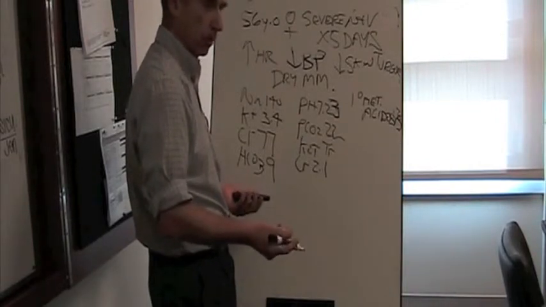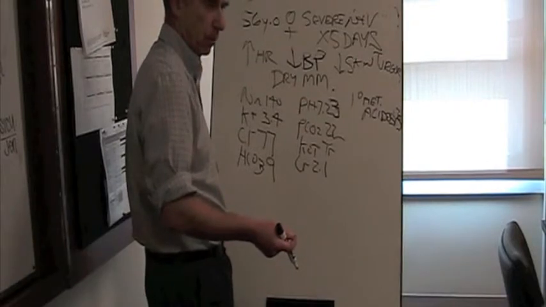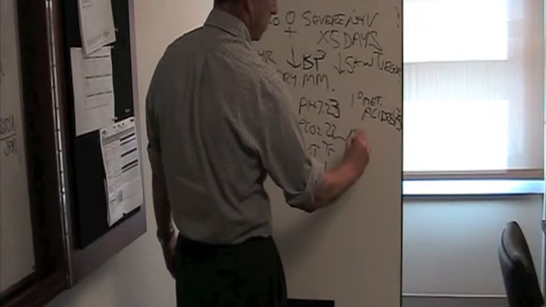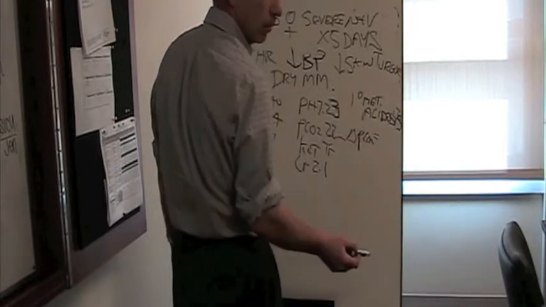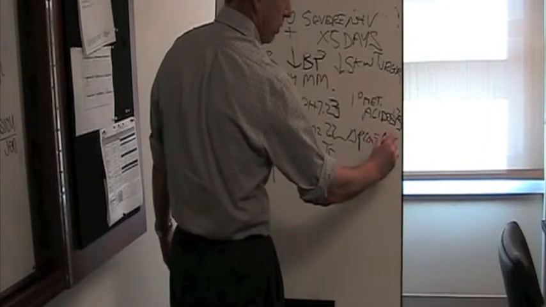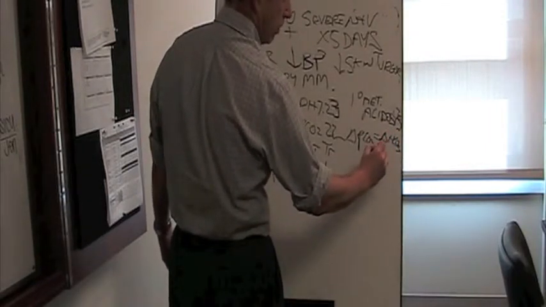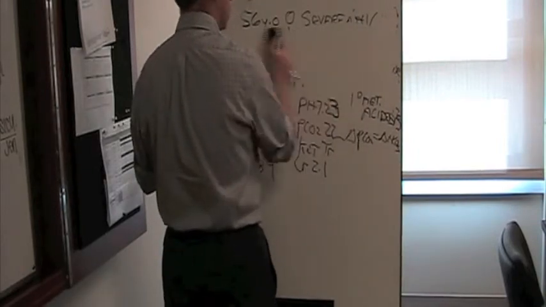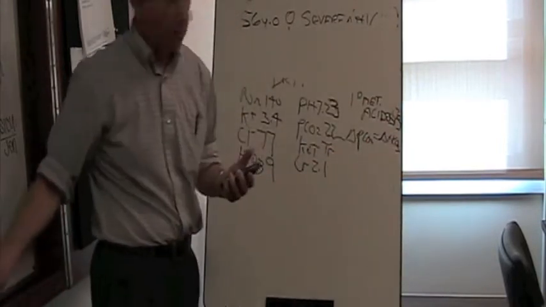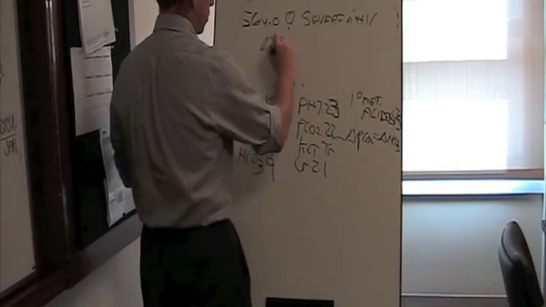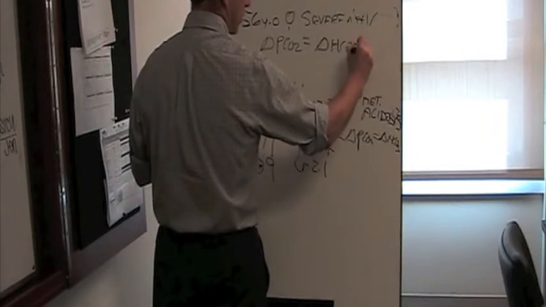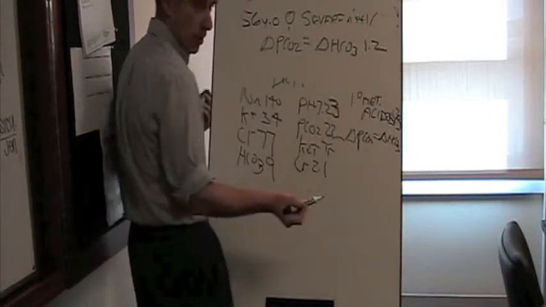The compensation for metabolic acidosis would be respiratory, so change in the CO2 equals the change in bicarb times the factor of 1.2 for metabolic acidosis.